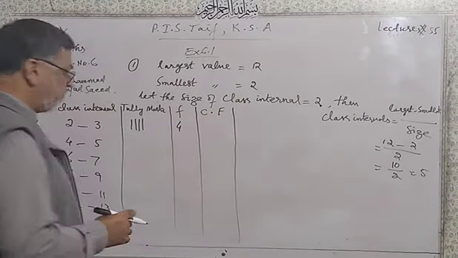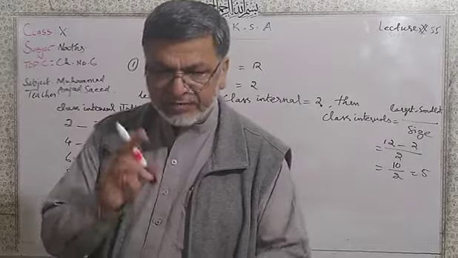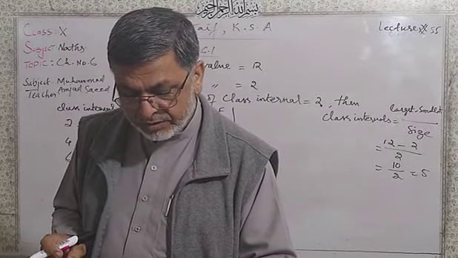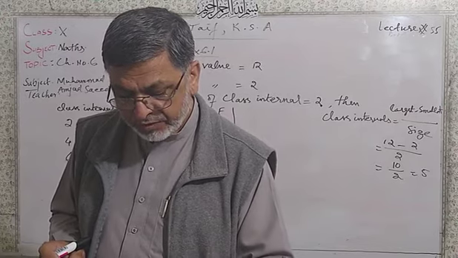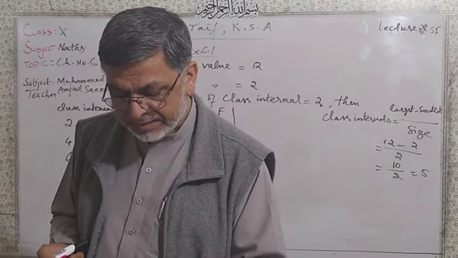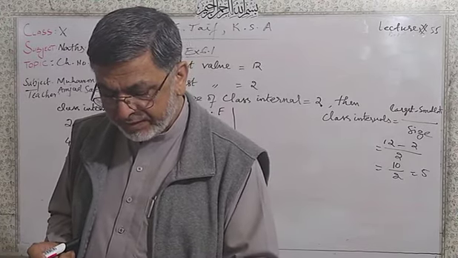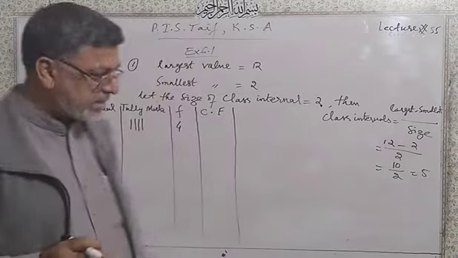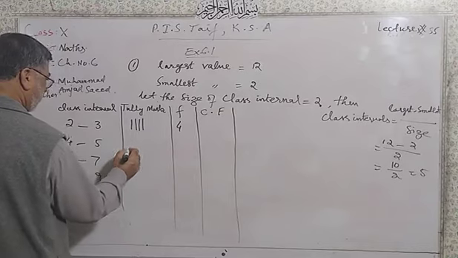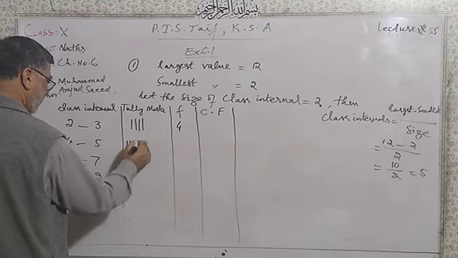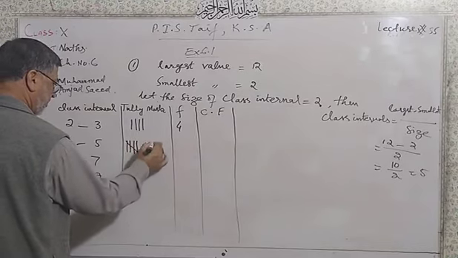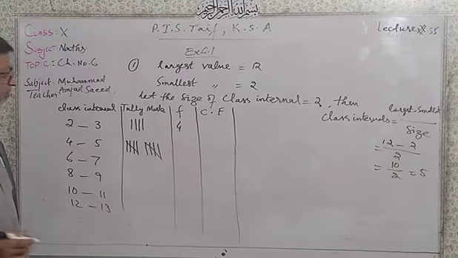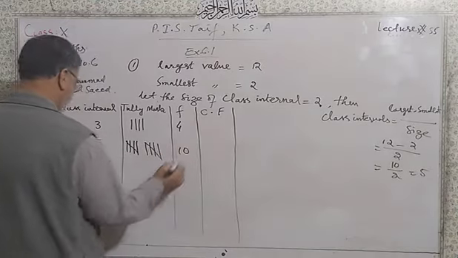After that, 4 to 5. Check from the book. 1, 2, 3, 4, 5, 6, 7, 8, 9, 10. Yes, there are 10 values in 4 to 5. This is the block of 5. Block of 5, the frequency is 10.